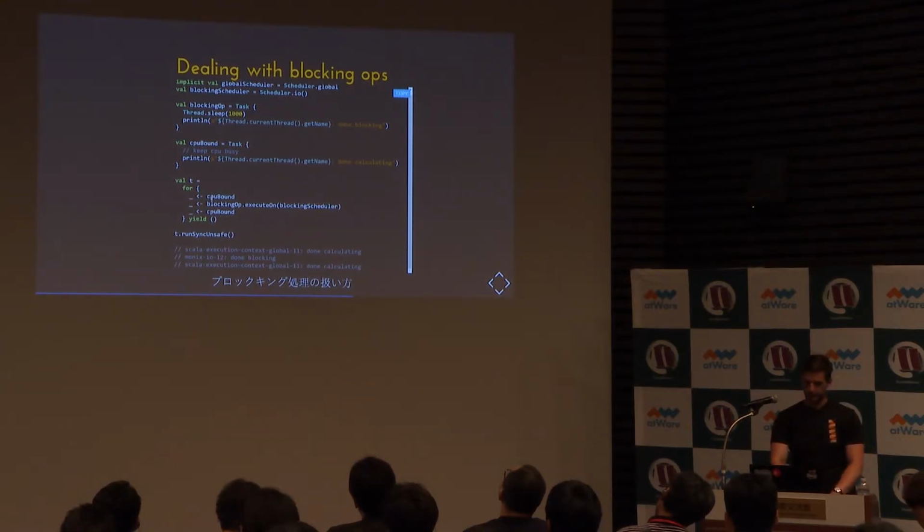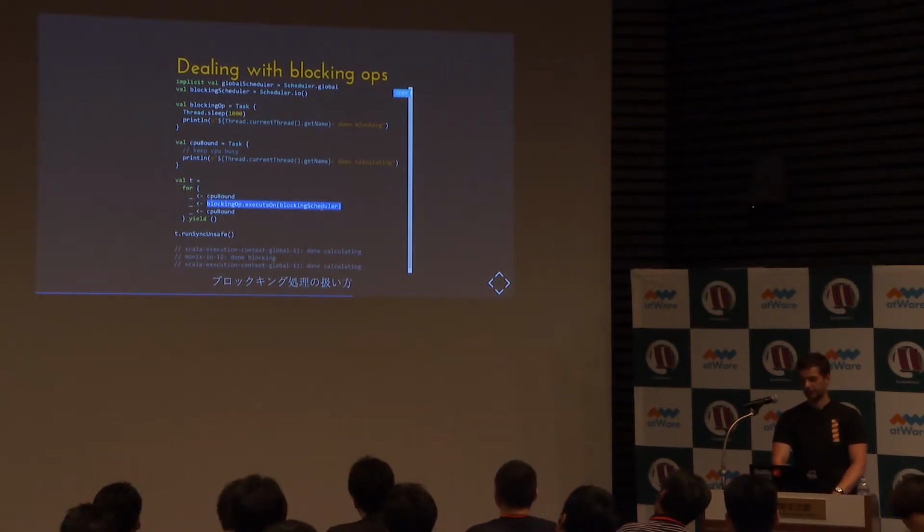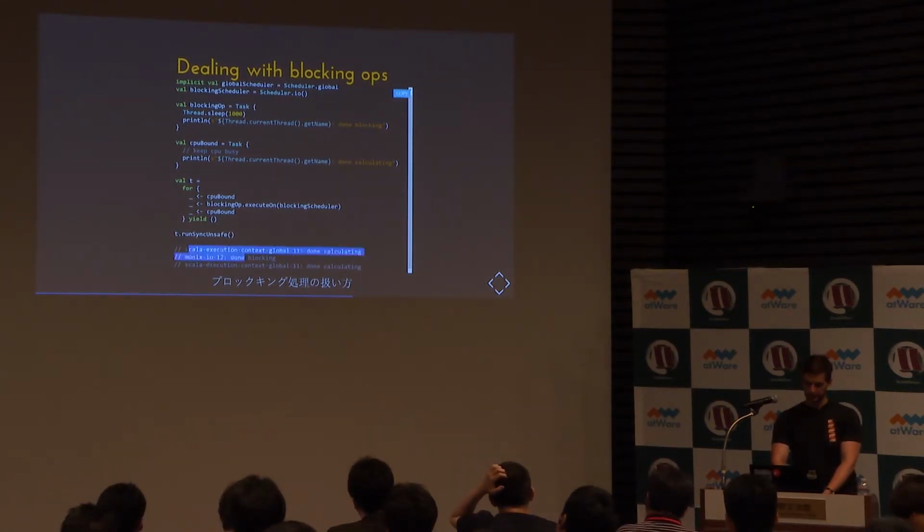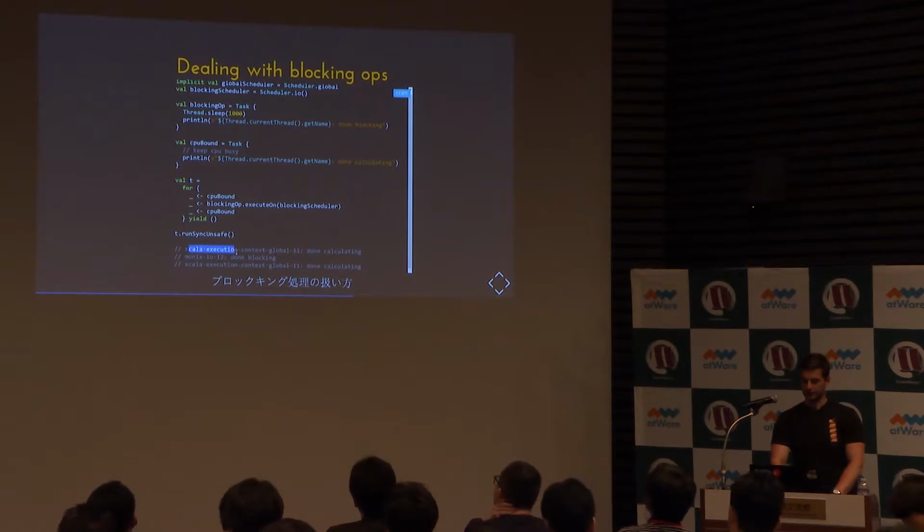For instance, we could use this one for our CPU operations as a global scheduler, and I call it implicit here, so it's passed to the run, so it's the default one. But for the duration of the blocking operation, I execute it on the blocking one. And it is shown in the output. So you could see the thread pool names as the first thing.